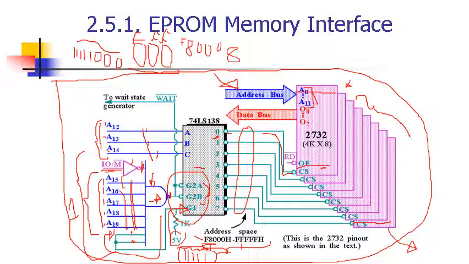Okay, when it comes to this chip, your beginning address is equal to F8000. You add 4K to it to get this ending address. So this is the range of addresses of the first page or the first memory chip. And you can do the same for the second page, the third, and so on.